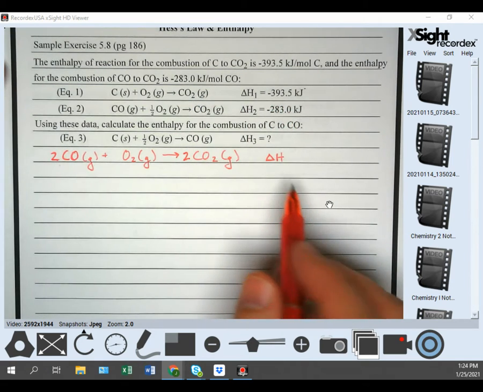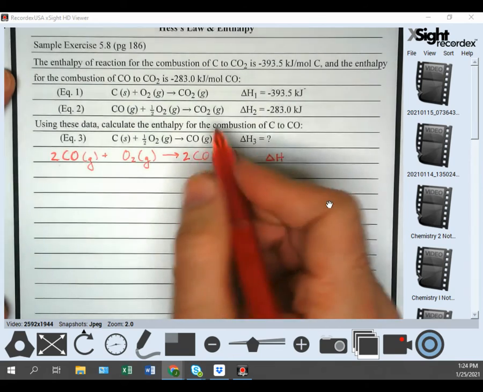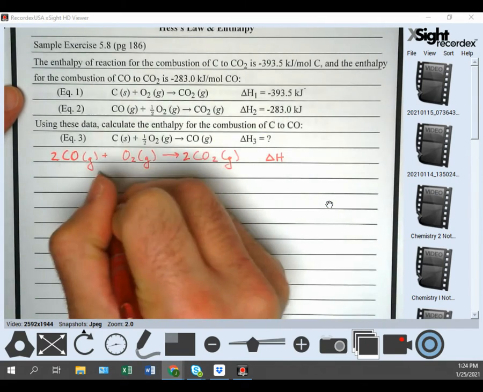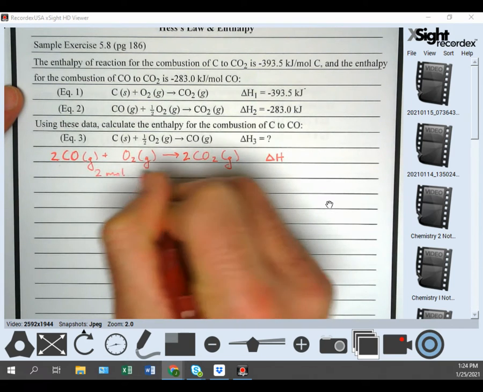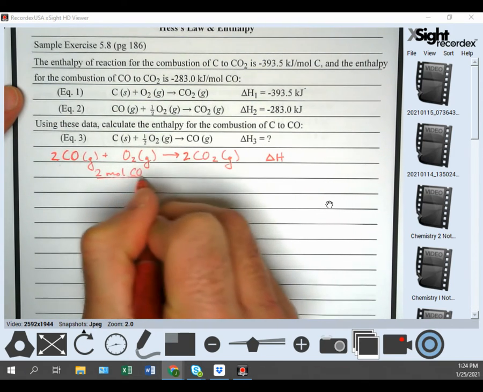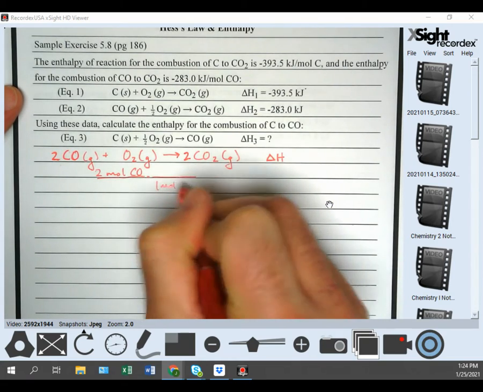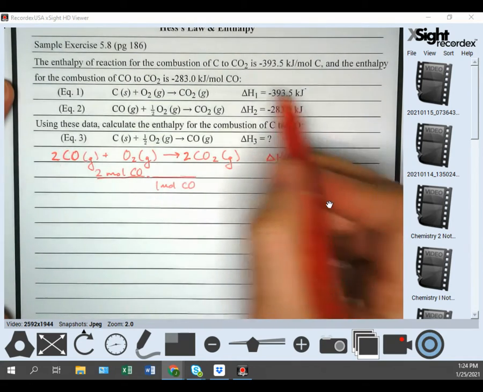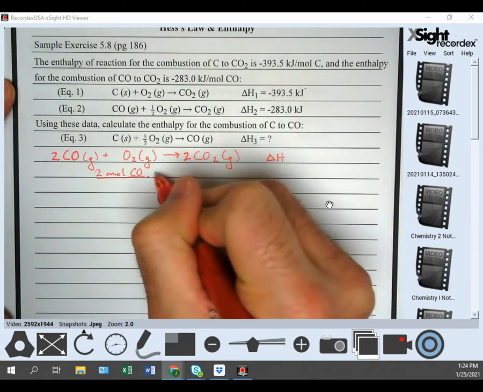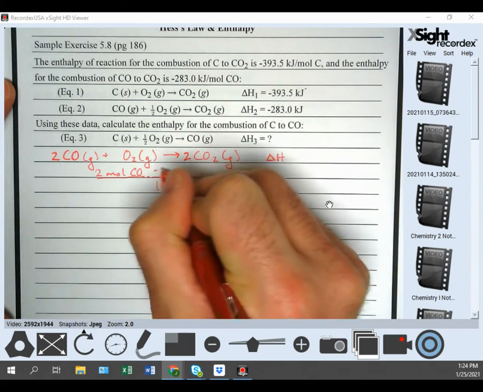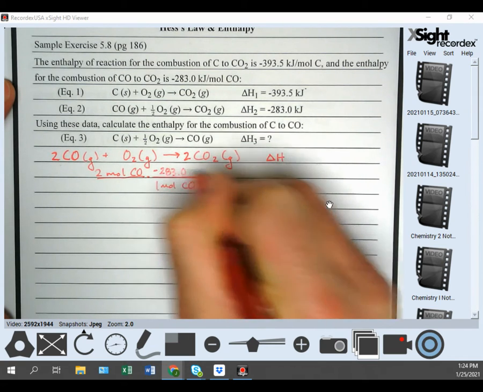So if we were to look at this, and we were to say we have 2 moles carbon monoxide, for every 1 mole of carbon monoxide, we have negative, oops, sorry, I'm looking at the wrong one. We have negative 283.0 kilojoules.